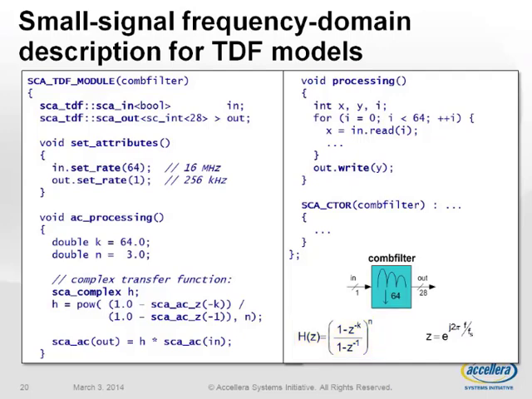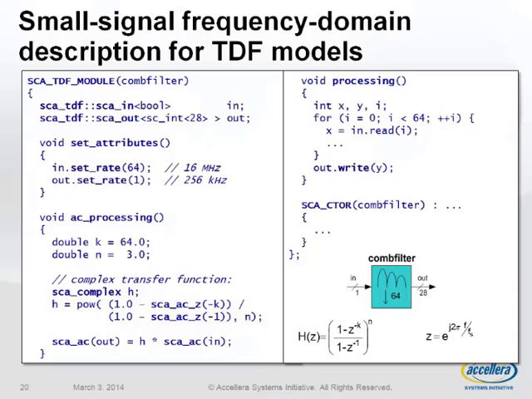And when you look at the bottom left AC processing call, you have the function h equal to this transfer function, where the z operator to the power k is represented with the sca_ac_z function, and the argument is simply the power. And the quotient, which is taken to the power of n, is realized with the normal pow function of the C math library.